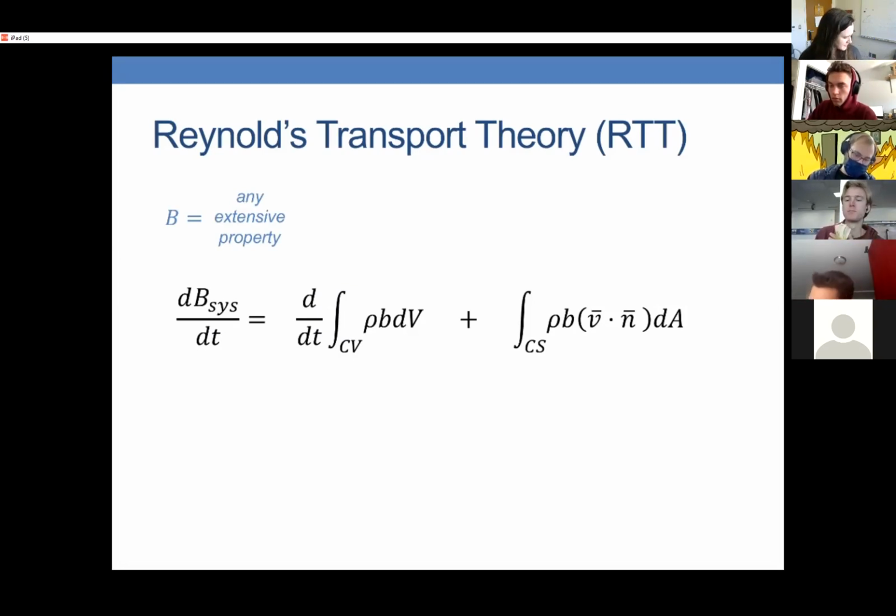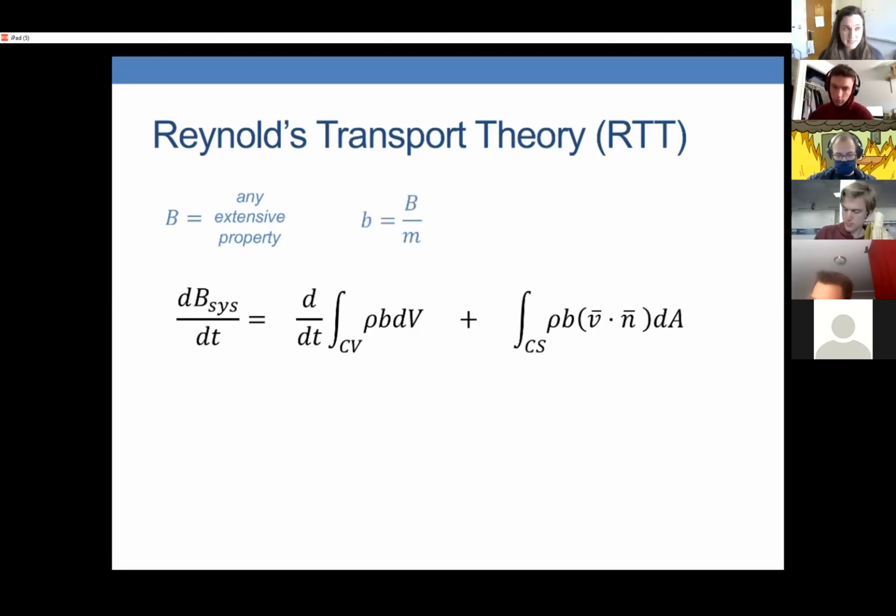Because I could have a 2 foot deep pool of water that's 1 foot across and a 2 foot deep pool of water that's a mile across, and they both have the same pressure. Not an extensive property. Whereas mass, momentum, energy, all of those things, the more stuff you have, the more property you have. That's all it means.